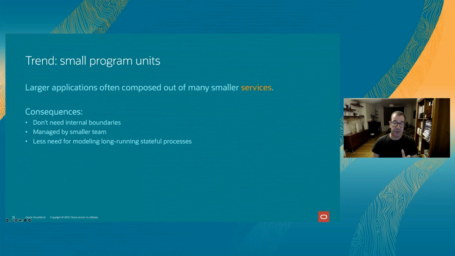These services are used for many applications. This has a number of consequences. Firstly, as they're smaller, there's less need for internal boundaries. Smaller services can be maintained by a single team, maybe even a single person. And with smaller services, there's less need for modeling long-running stateful processes.